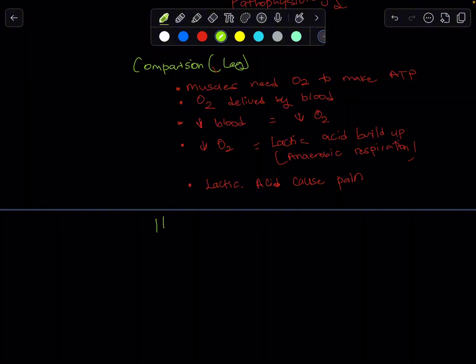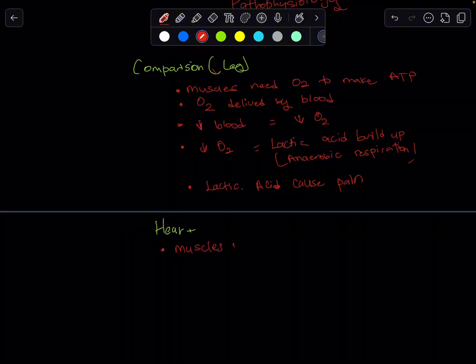So now in the heart, it's the same thing. Muscles need oxygen. Guys, I'm not going to repeat everything.